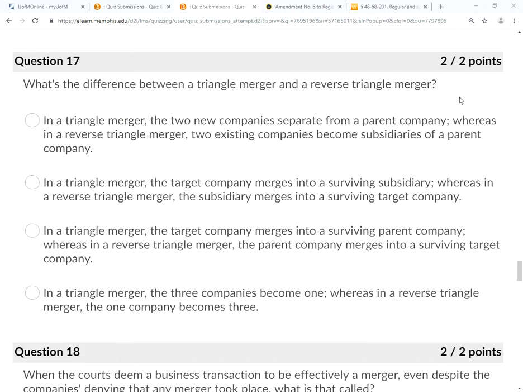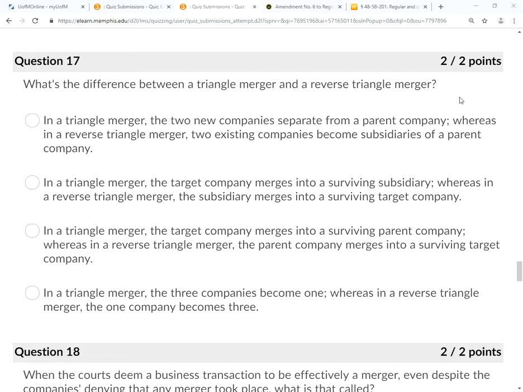The second answer we can choose from here, in a triangle merger, the target company merges into a surviving subsidiary, whereas in a reverse triangle merger, the subsidiary merges into a surviving target company. That's actually the correct answer, because it meets the definition of a triangle merger and a reverse triangle merger.